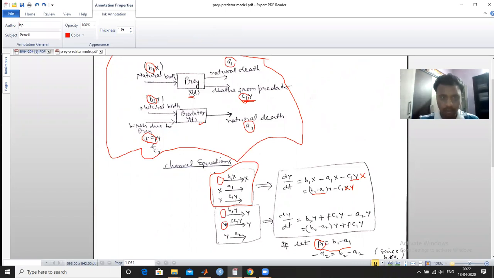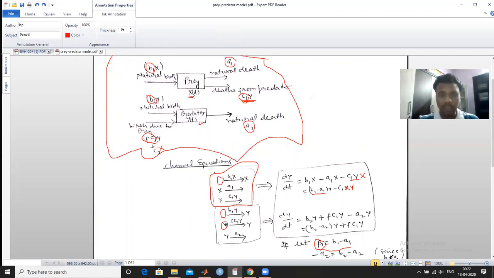This rate, birth due to the prey, will be C2x, not only C2, because this birth rate depends on the prey population, and I did not write it here. So that will be C2x.